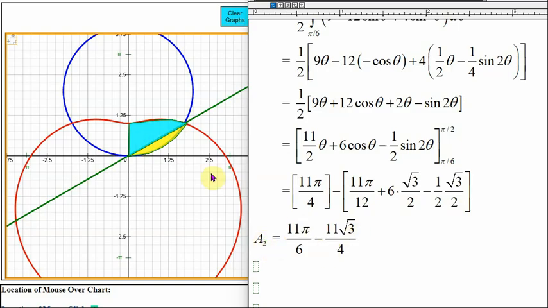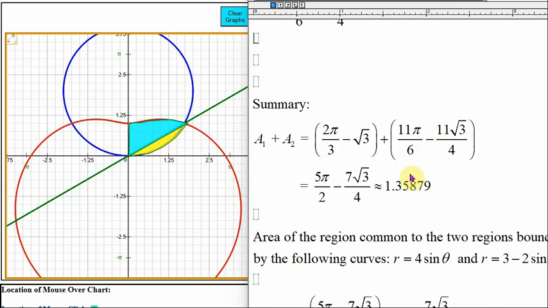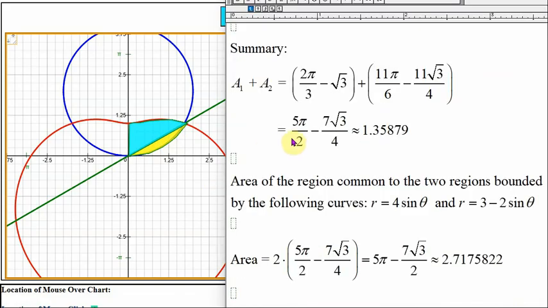And then we found the area for this region, which is A sub 1, earlier. So in summary, the area of this region right here, which I call A sub 1, is 2 pi over 3 minus the square root of 3.